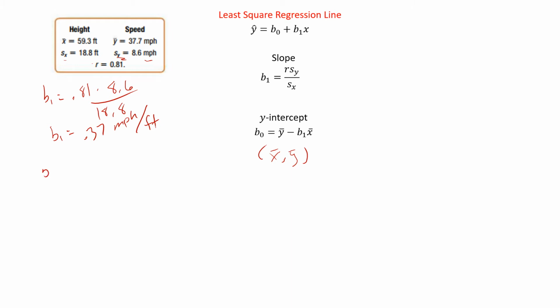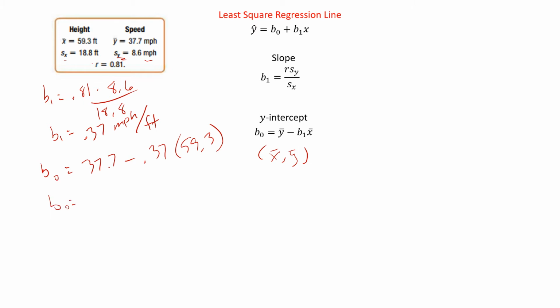And then B naught, our y-intercept, is going to be y bar, which is 37.7, minus B1, which is 0.37, times x bar, which is 59.3.